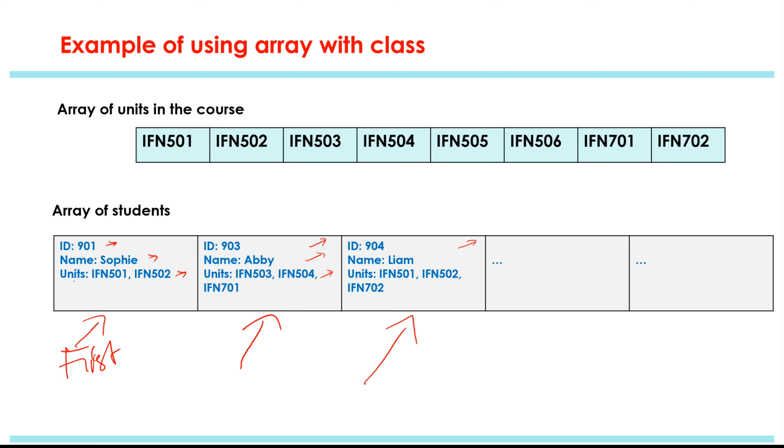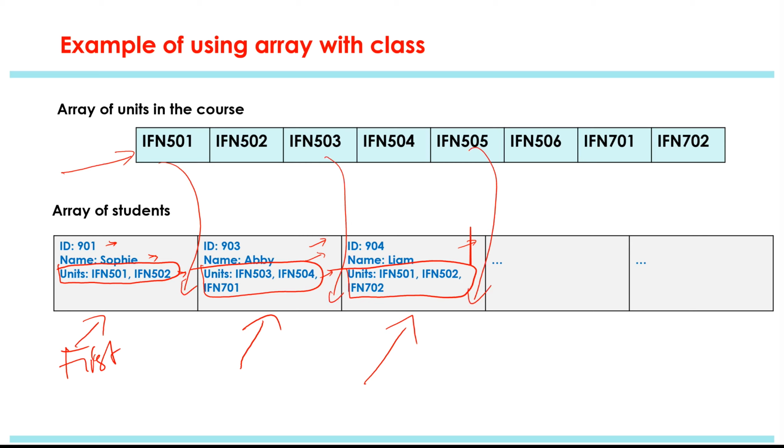You will notice that each student will have a separate list of units, and this is the list of units for the third student. So each student will have a separate list of units along with the ID and name. But the array of units in here is the array of units in the course. We don't need to save it in each object as an element of each object, right?